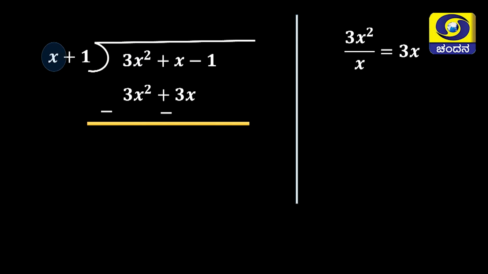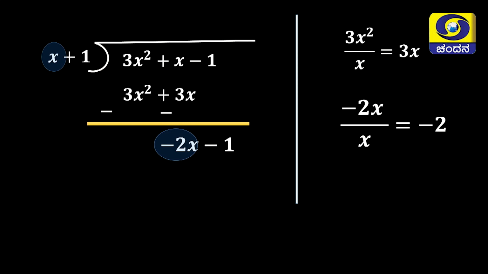In the next step, again we take this minus 2x. Now we divide minus 2x by x, the first term of the divisor, and we get the answer minus 2. Now we put the minus 2 on the upper side.